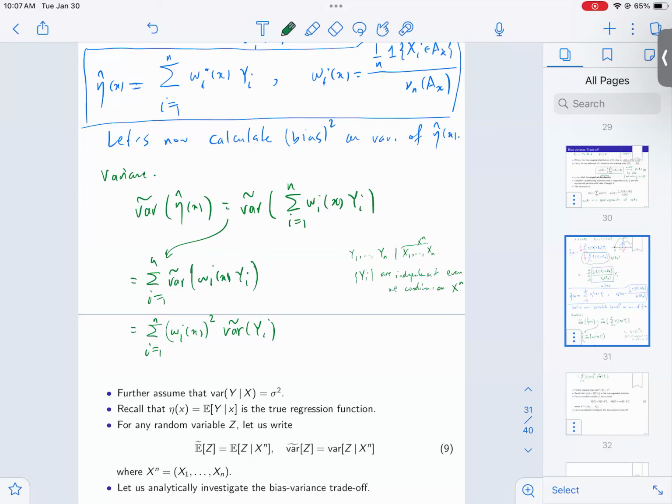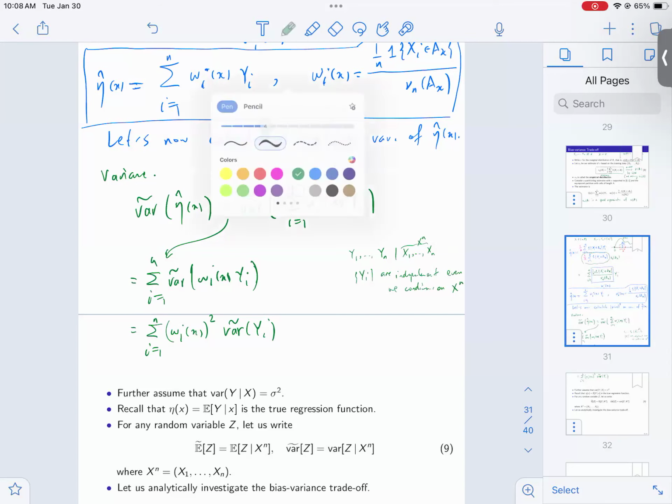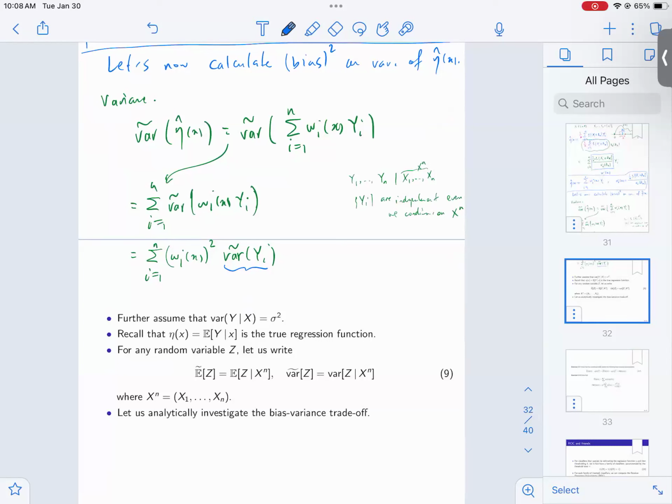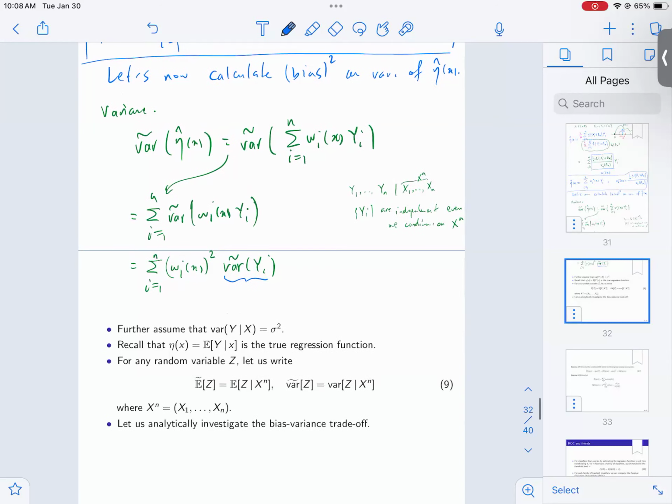So this is really the variance of y_i conditional on x_1 up to x_n.